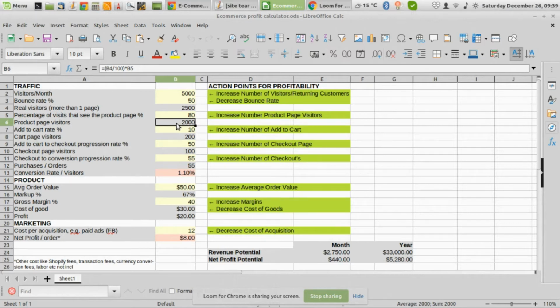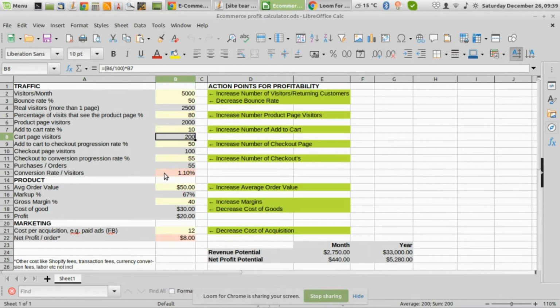Now we go into industry standards that might vary a little bit from industry to industry, from niche to niche, from product to product, but usually about 10% on a good converting store go to add to cart. That means 10% of your visitors are basically adding something to the cart. If you have 2,000 product page visitors, that leaves us with 200 people that add something to the cart.